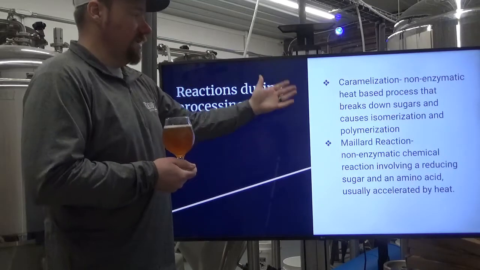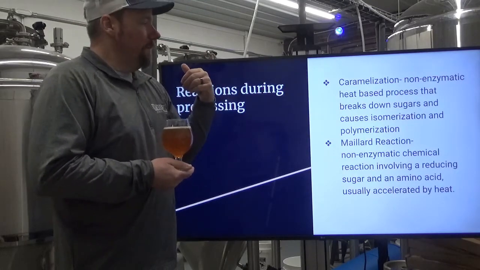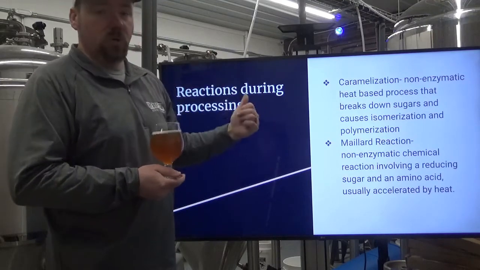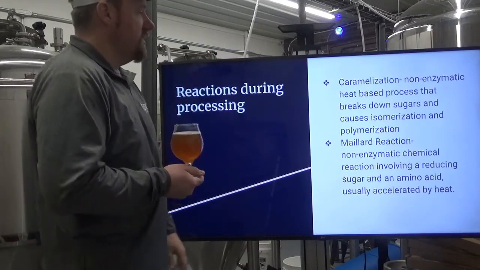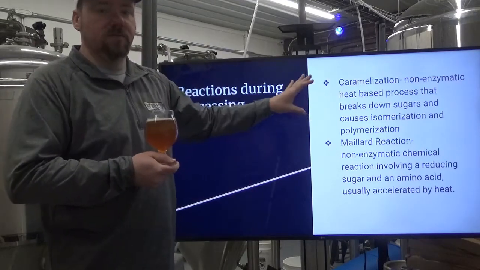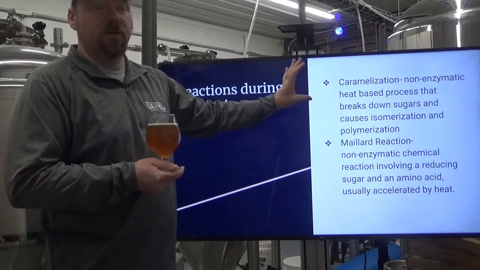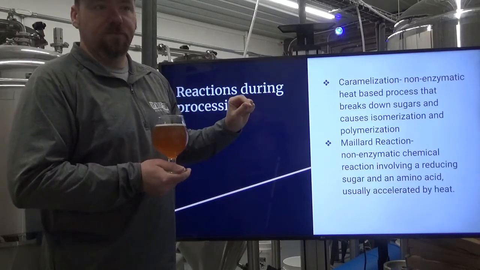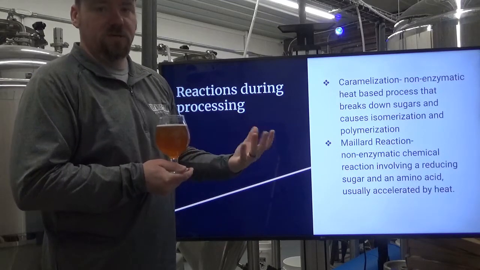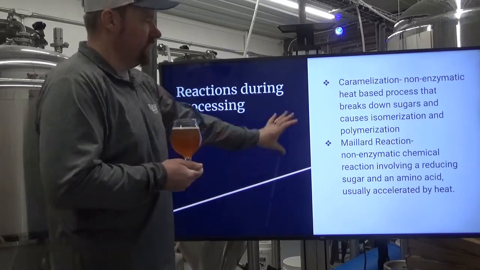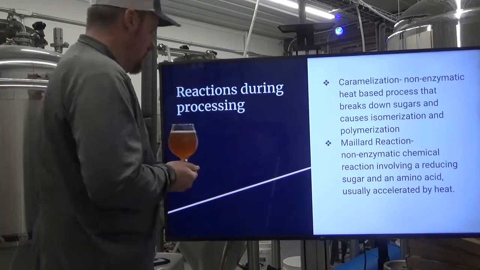We do get the same thing, caramelization and Maillard reactions, because we have sugars reacting with heat and sugars reacting with protein that occur naturally in the brewing process. And these are our two main flavor contributions, besides what occurs naturally, just the flavor of the sugar itself in the grain, flavors that are developed in the brewing process and in the malting process.